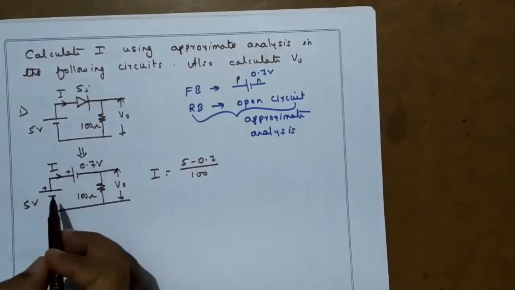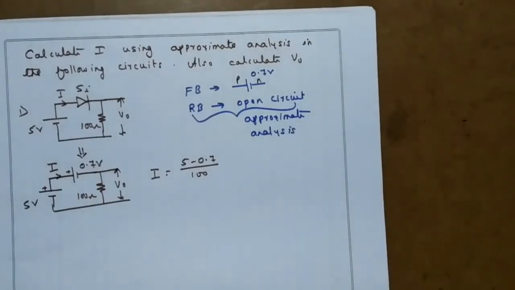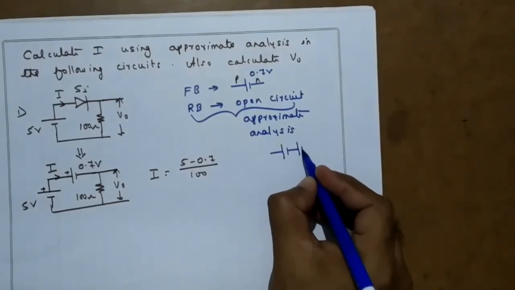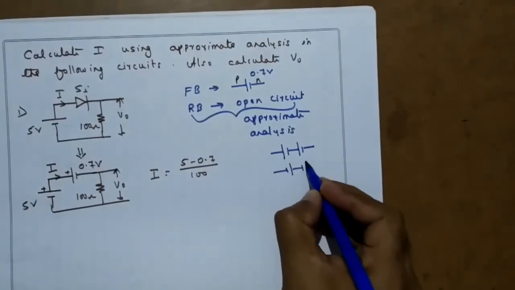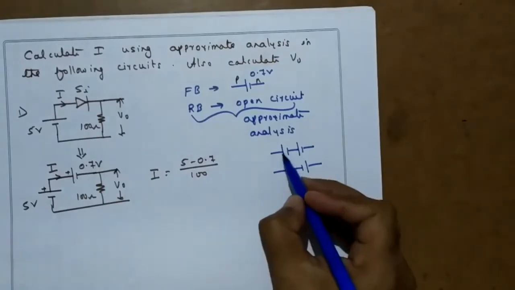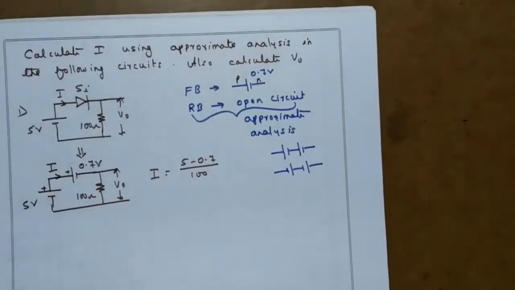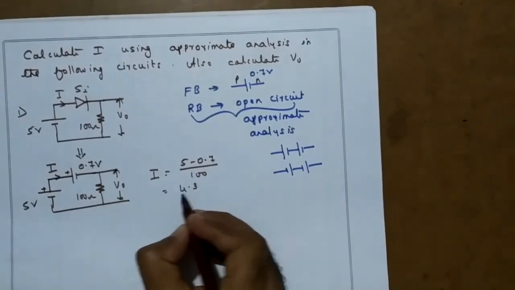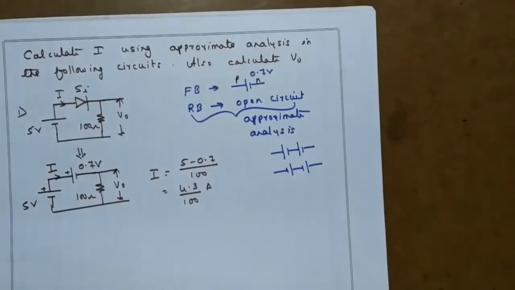Or if positive of one battery is connected to the negative of the other battery, like this or like this, then these two will get added up. So here they will get subtracted. So this is equal to 4.3 divided by 100 amperes. You can simplify it later.